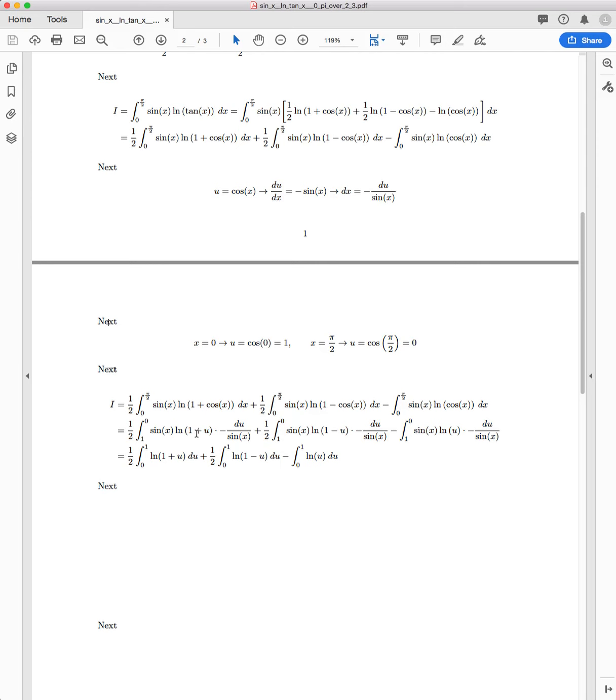Okay, the next bit, which is great, is we can see that for all 3 integrals, these sine of x cancel out. So they're gone, which is fantastic. So we've gotten rid of having to rely on trigonometric functions. We've now reduced it down to just logarithms. But we have this 1 to 0 situation, and you'll see that in this line, it's gone from 1 to 0 to 0 to 1.